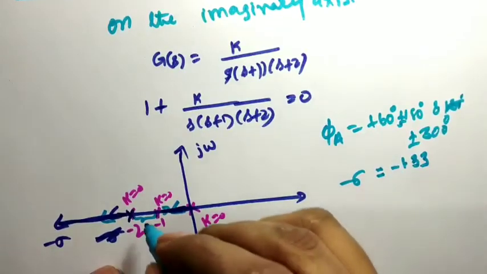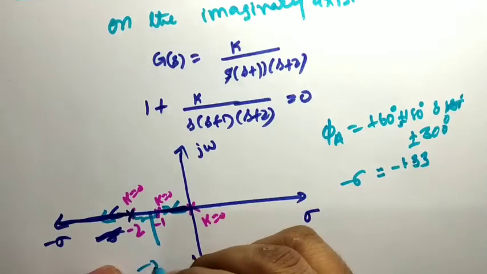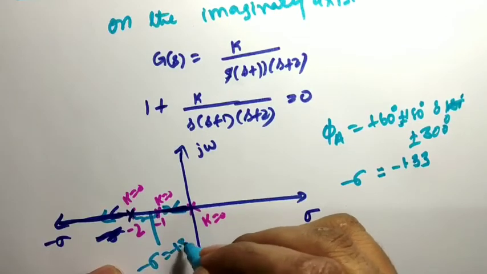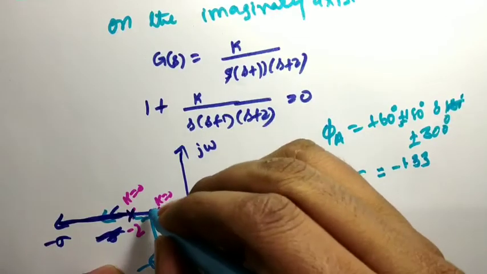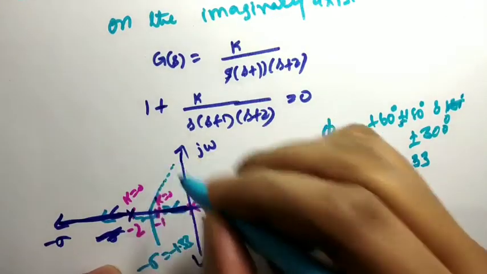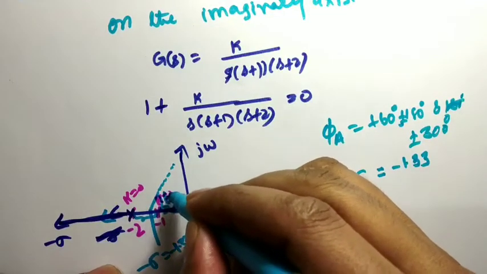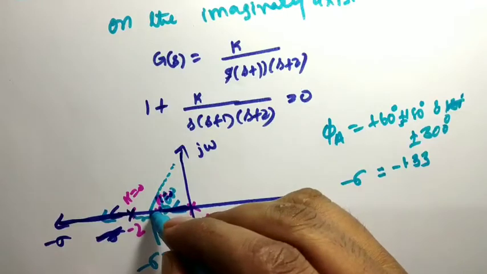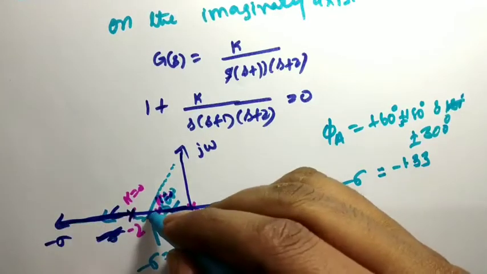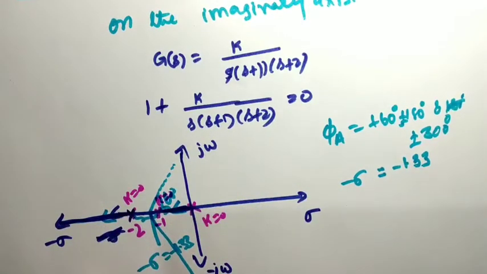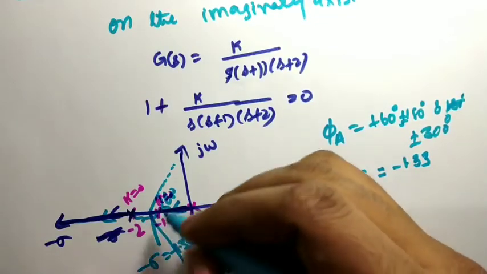So minus 1.33 is somewhere here, and from this point you are going to draw the asymptotes. This is 60 degrees. Okay, this is 60 degrees. This is again 180. Next, this one is 300.